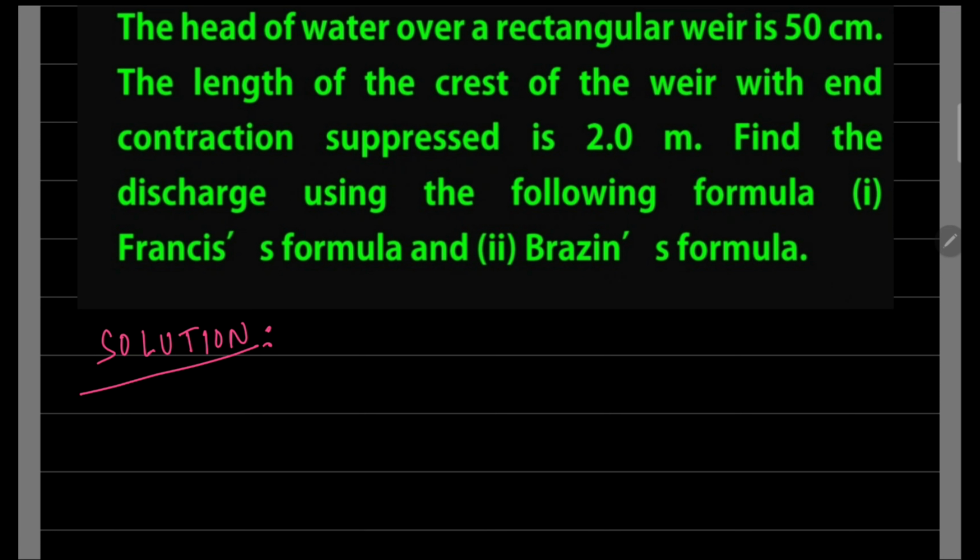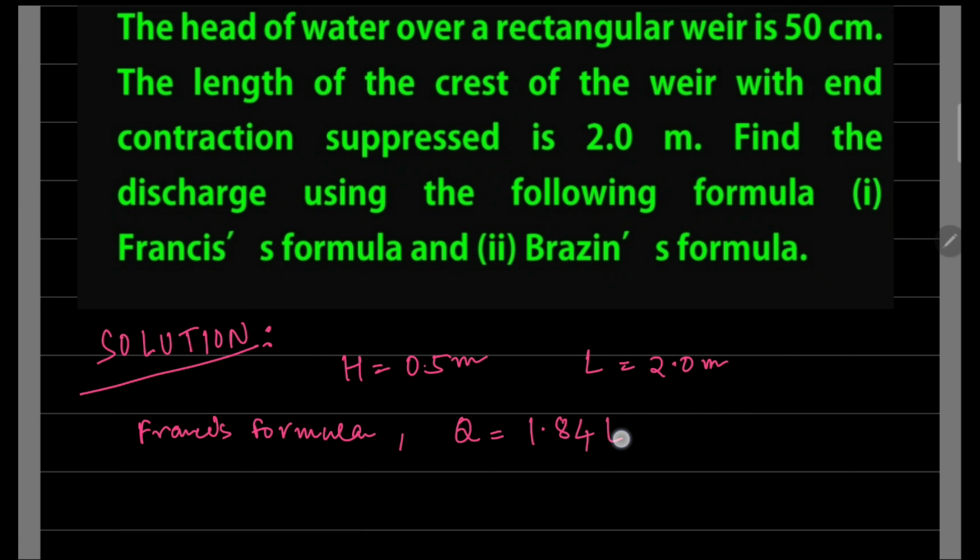The given values are the head over the weir, H, is equal to 0.5 meter, and the length of the crest of the weir with end contraction suppressed is 2 meters. So the L value is 2.0 meter. If we use the Francis formula in order to get the discharge over the weir, the Francis formula says that Q is equal to 1.84 times L into H raised to the power 3 by 2.